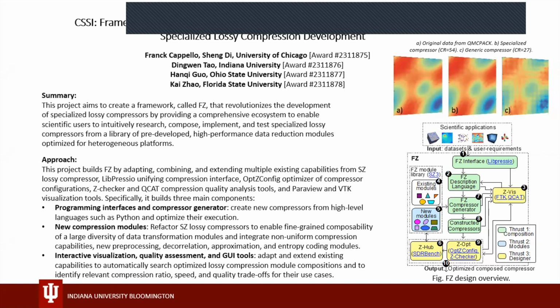So we want users to easily generate their customized compressor through the Python API, and through our backend-provided compression modules, as I mentioned, different encoding techniques, different prediction techniques, they can easily compose a compression algorithm. After they generate the compression libraries, they can go through HDF5 to call them in their applications. And our tools can also provide quality assessment and visualization techniques to explore the trade-offs here.